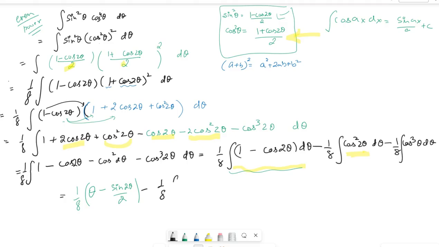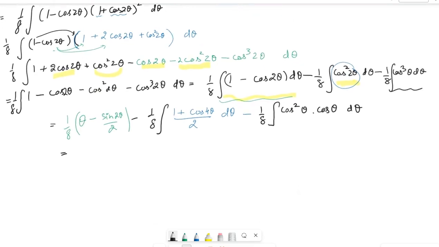Minus 1 by 8. This here can be converted again into cosine double angle formula. So this is double of 2 theta. Now it will become (1 plus cosine 4 theta) by 2, minus this last one here is cube. Cube is odd power. So remember we have to peel one cosine in odd power cases. The first one we are done with.